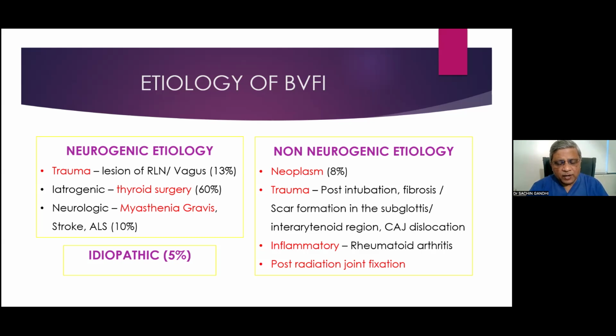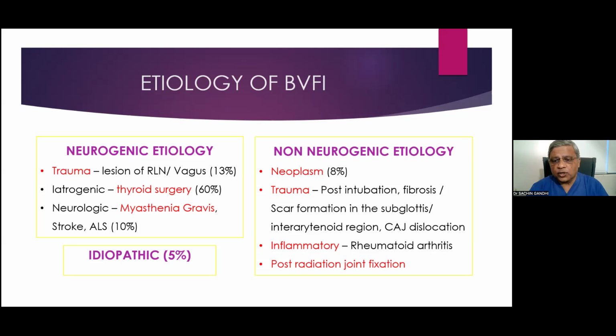There could be 5% of these patients having bilateral abductor palsy of idiopathic origin. Most likely, we say of viral etiology. There is a non-neurological group which is big enough: vocal cord immobility because of fixation of the cricoarytenoid joint or the vocal cords. This could be because of local neoplasm.